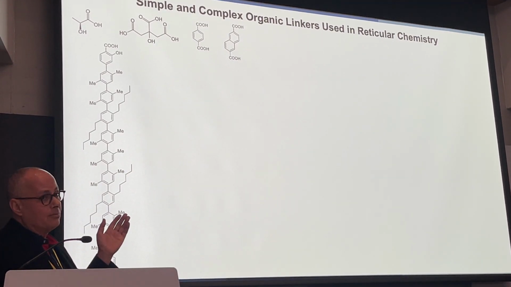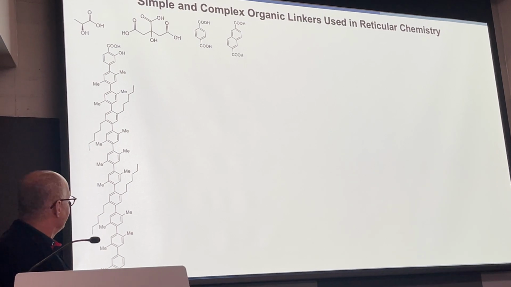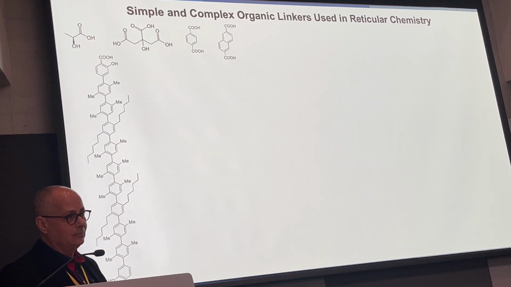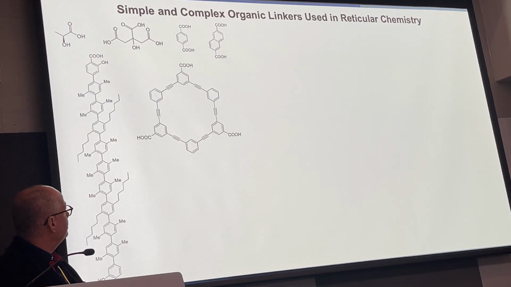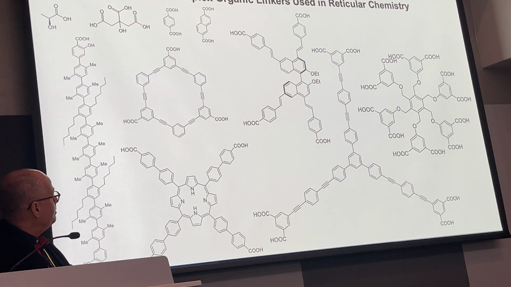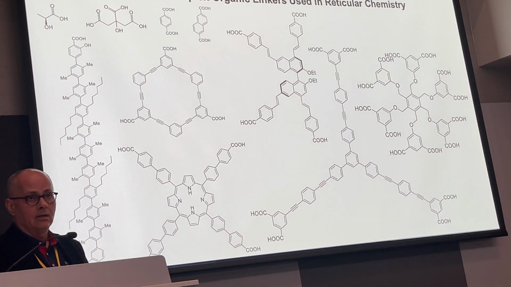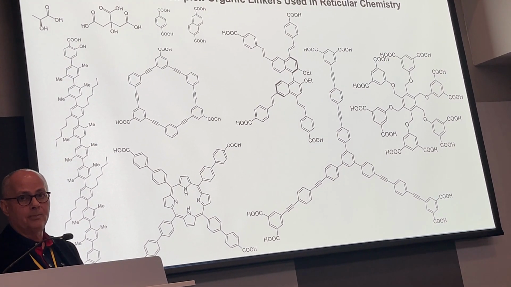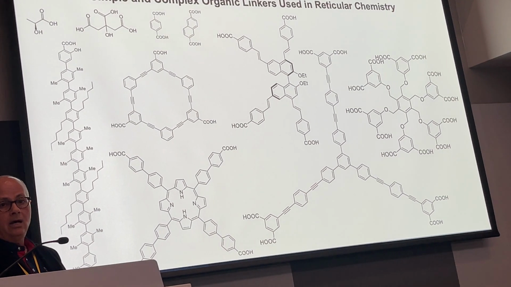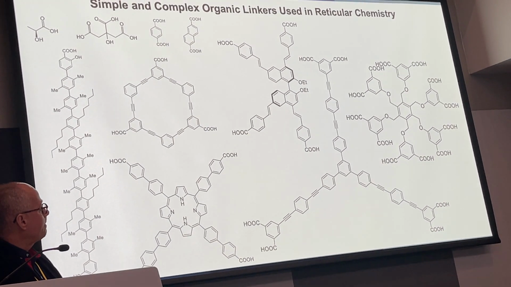And they could be as small or as long as this one, where you could make MOFs that would take the proteins in, or they can have very exotic shapes, each imparting a different property, whether it's a photophysical property or a catalytic property, onto the framework.